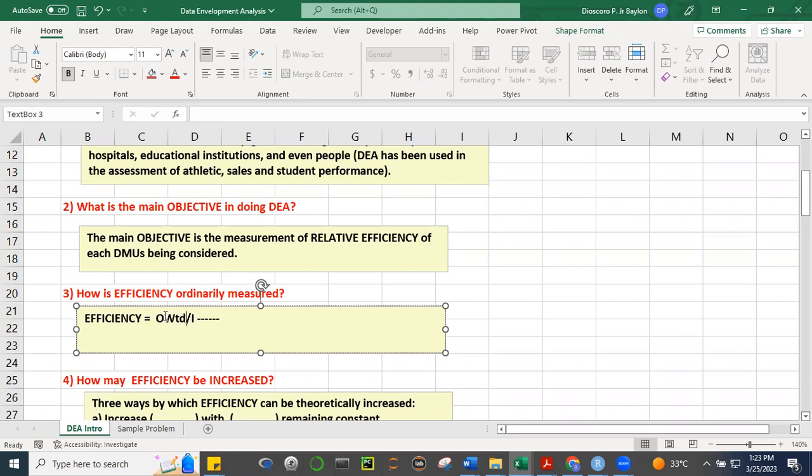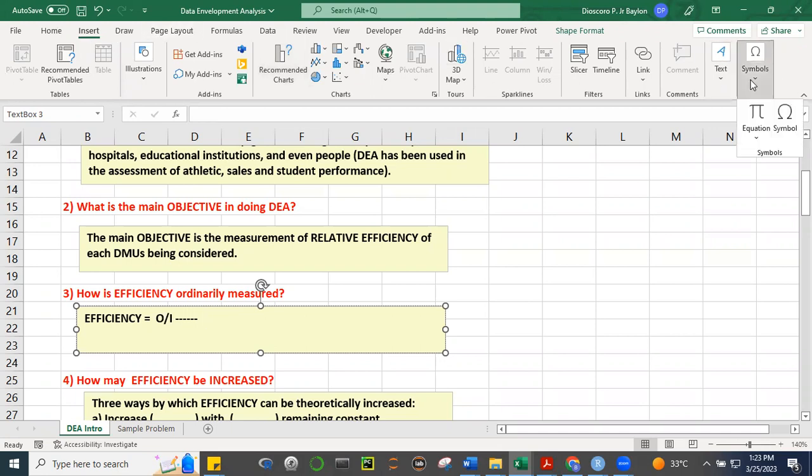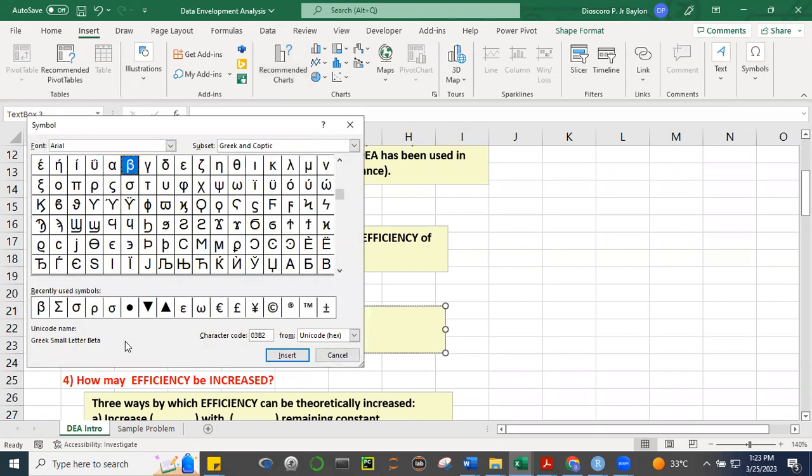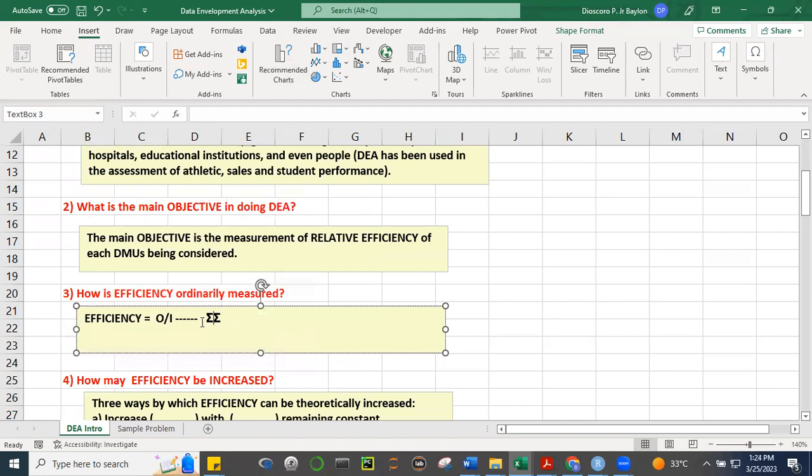So what we do is measure the sum, the summation of the outputs, but the outputs are weighted.